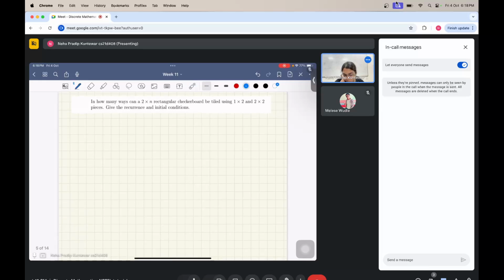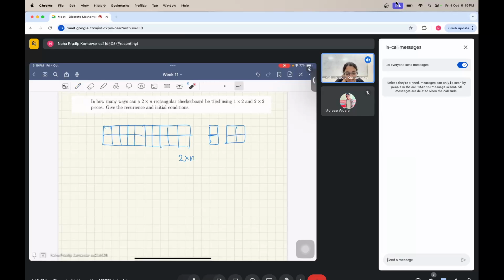So here's a question. What you're given is a 2 cross n square checkerboard. That means there are 2 rows and n columns. So this is what it looks like. And you want to tile it. So what do I mean by tiling? I have a tile like this and I have another tile like this.